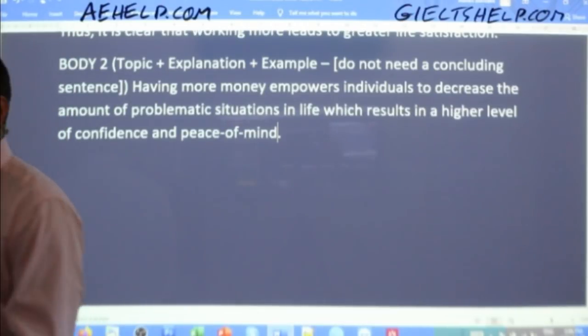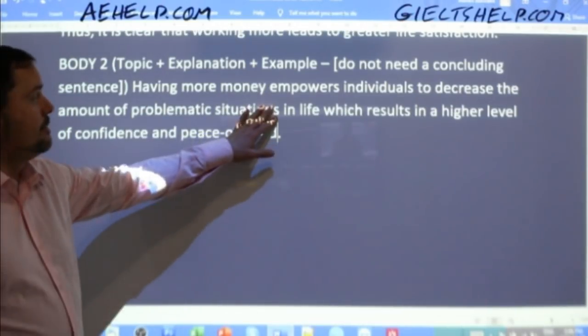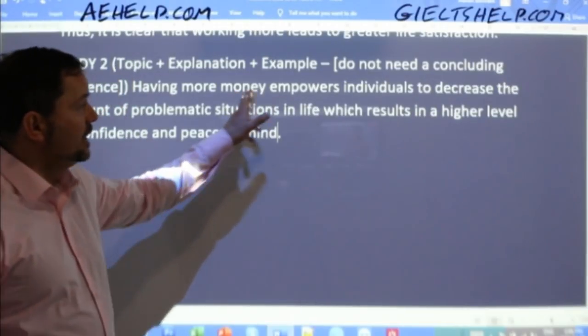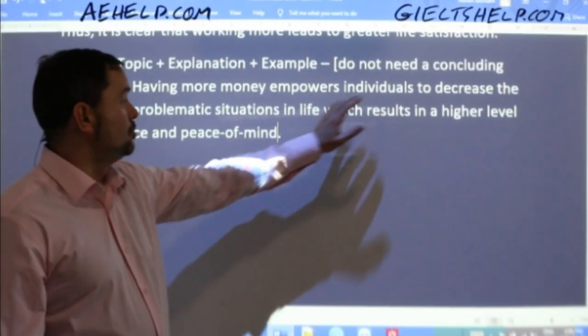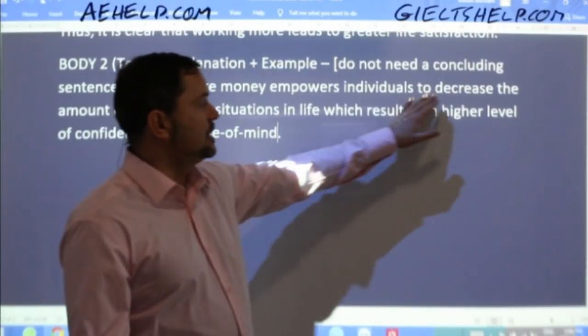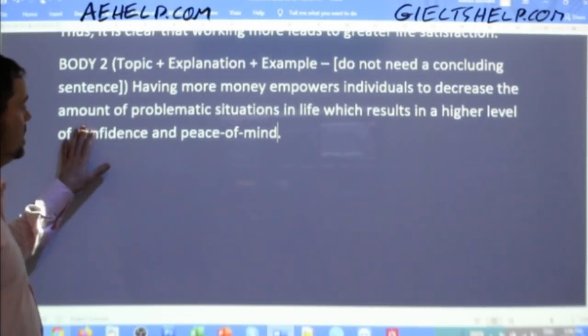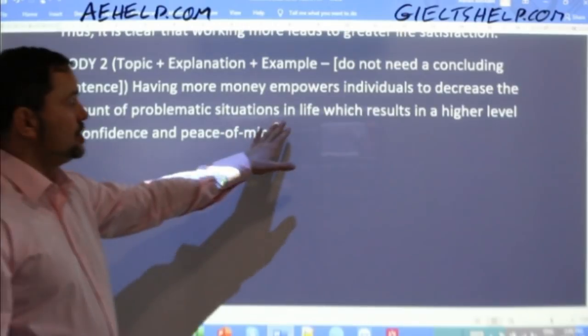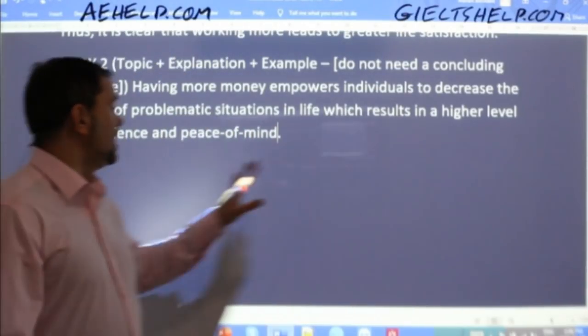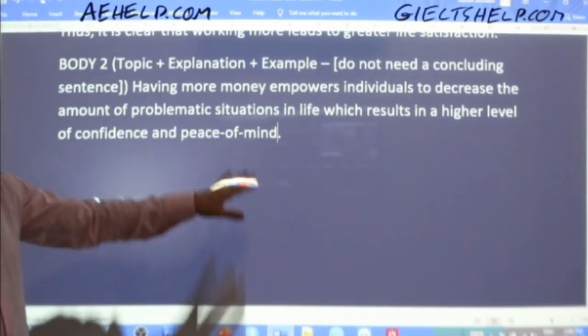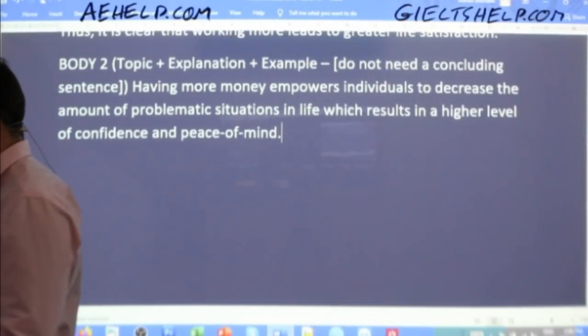Okay. All right, here's my topic sentence. Having more money empowers. So money gives power to individuals. Having more money empowers individuals to decrease the amount of problematic situations in life, which result in a higher level of confidence and peace of mind.